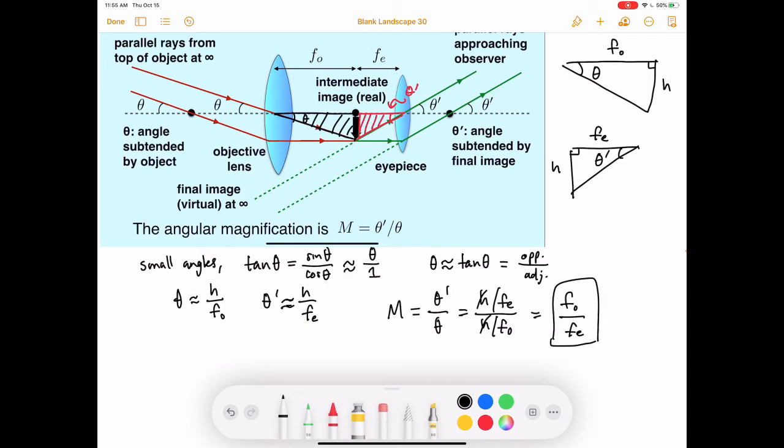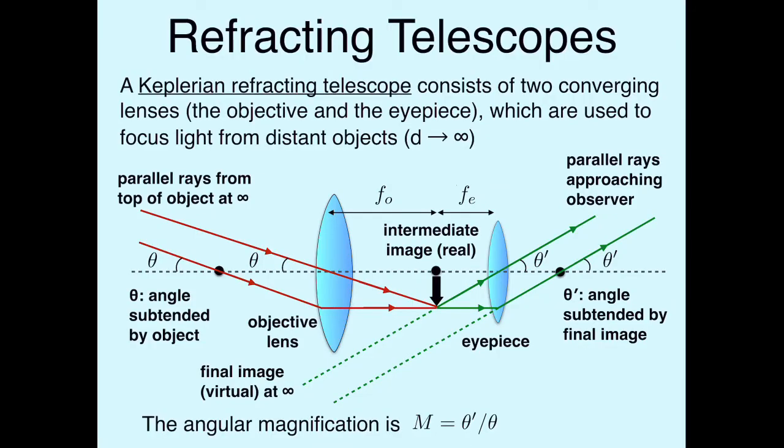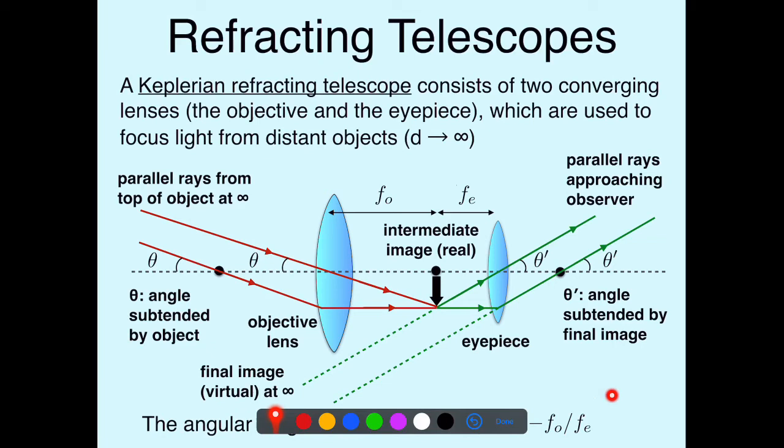So here's the idea behind this type of telescope. You want an eyepiece with a very small value of the focal length, and you want an objective lens with a very large focal length, okay? And the bigger you can make that ratio, the more magnification you can get. So the result is that the angular magnification is the ratio of FO divided by FE, just the two focal lengths for your objective and your eyepiece.